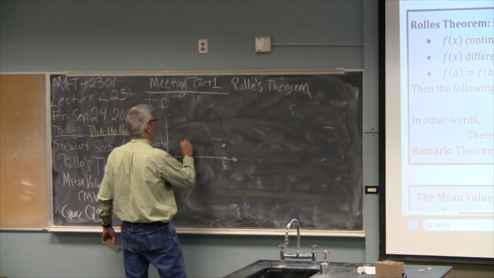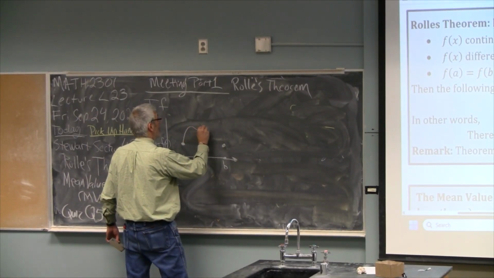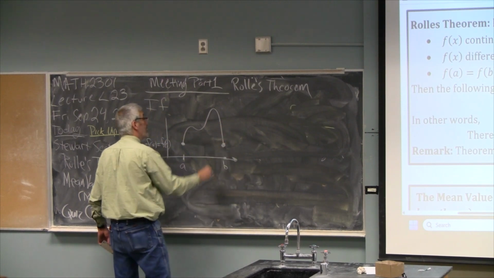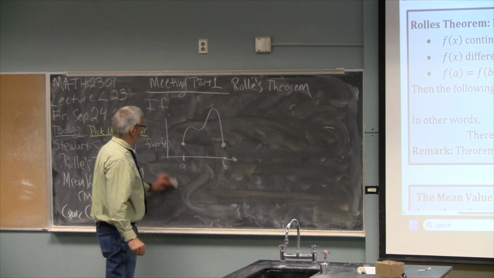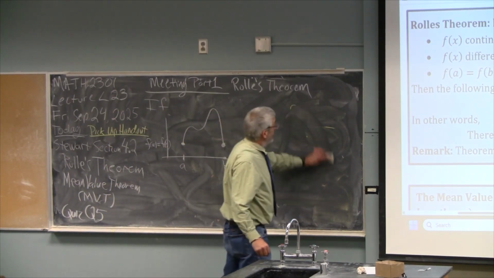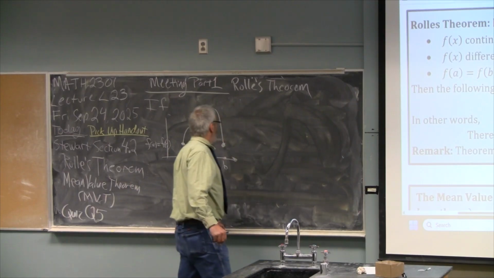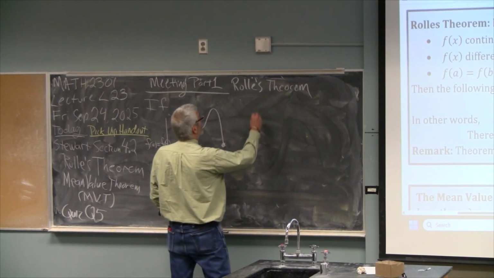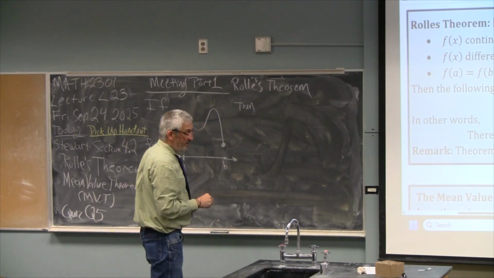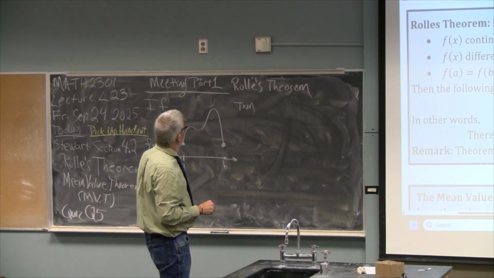So here's a graph. It does all those things. It's continuous. There are no breaks or jumps. It's differentiable. That is, it doesn't have any sharp points on it. That's the if part. Now the then part is there exists a number c where there's a horizontal tangent line.